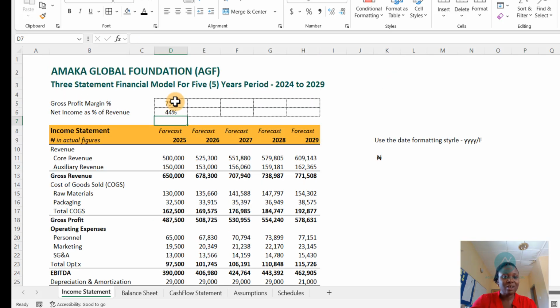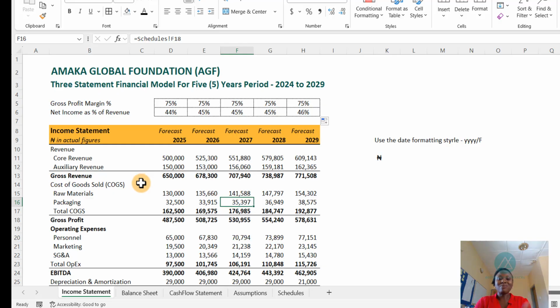And that's it. So you see, 44% of our revenue, we made as net profit. Then gross profit is 75%, meaning that we spent quite a percentage on all the expenses and stuff like that, right? So you can just fill to the right, and there you go, and that's it.